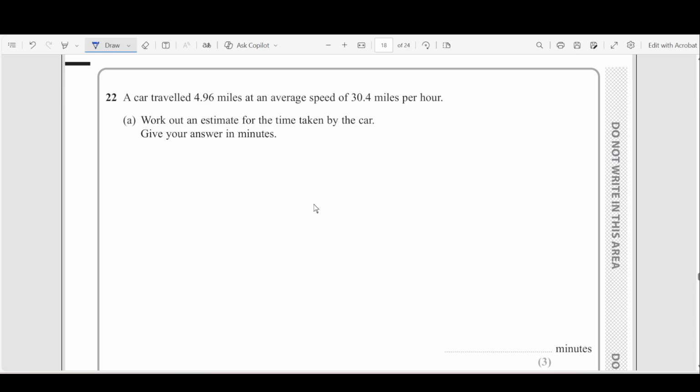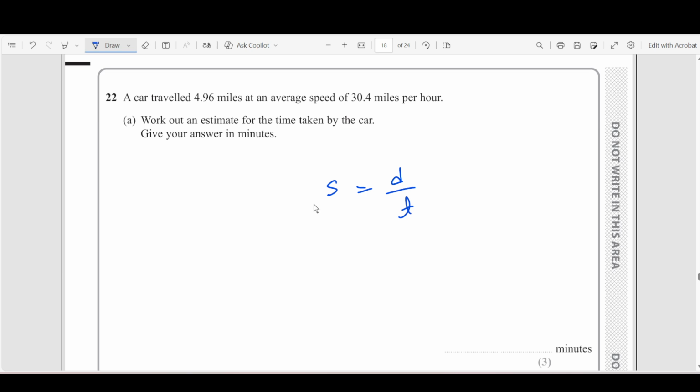Next question is this 22, which says a car traveled 4.96 miles at an average of this. This is speed. We need to find time. So first of all, we know that the formula for speed is distance over time, right?